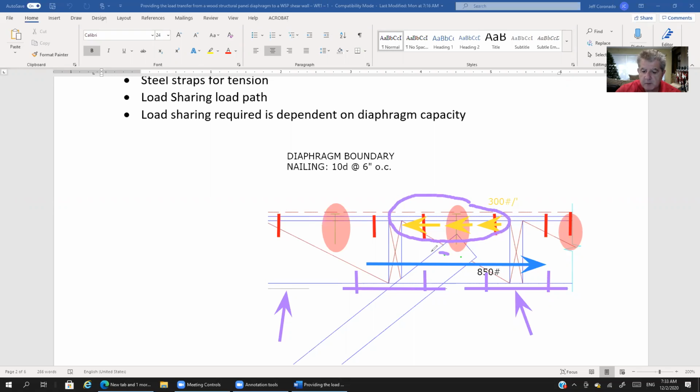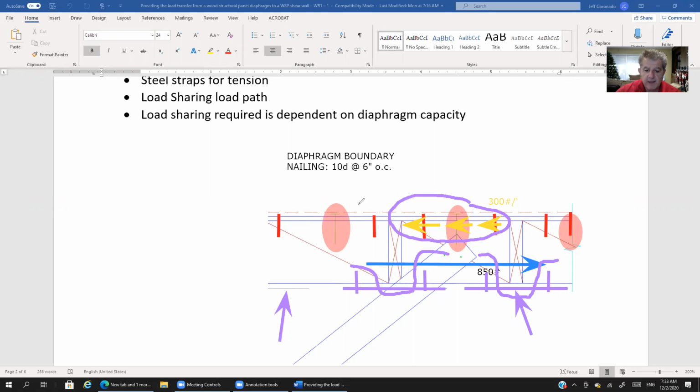It allows us to pull it out of this block into this strap and into the adjacent block. And the same thing over here. It allows us to transfer some of the force from one block to the adjacent block.